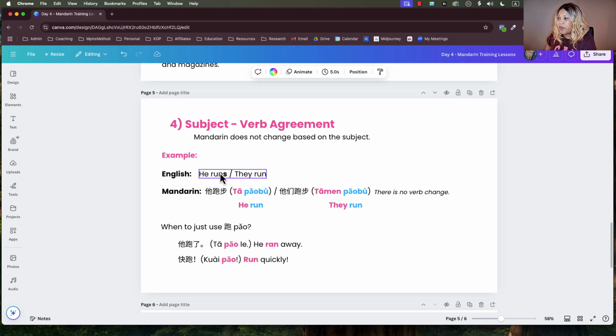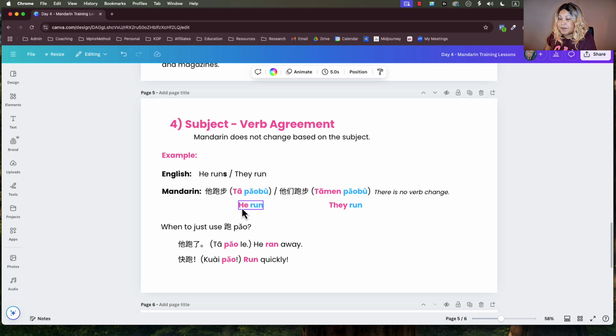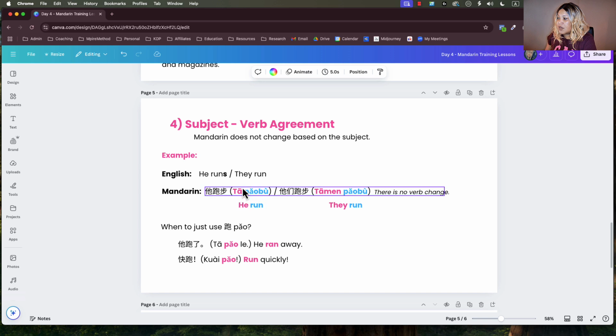But we're just talking about run, right? But in Mandarin, he is represented by ta and pao bu. So bu is straight down, 4th tone. Pao, because it's 3rd tone. So it's pao. So ta pao bu.